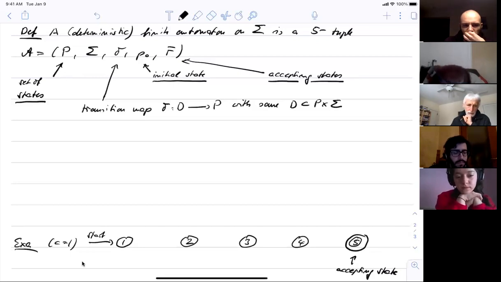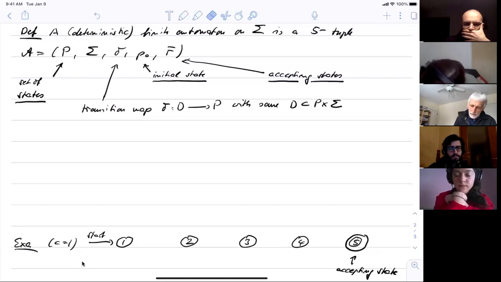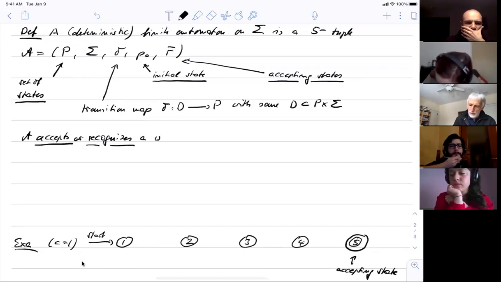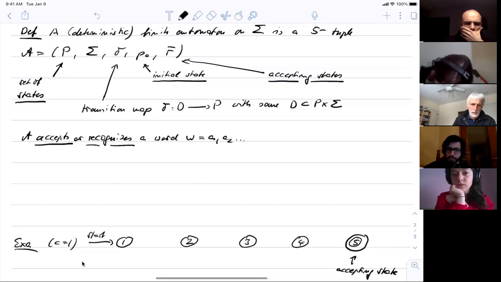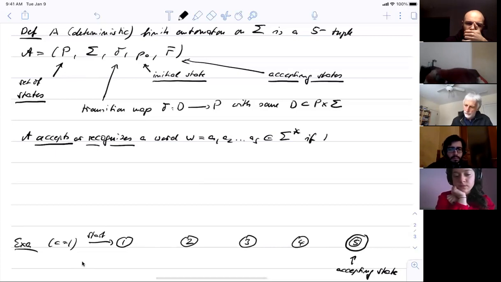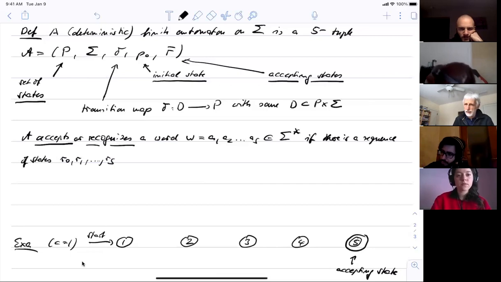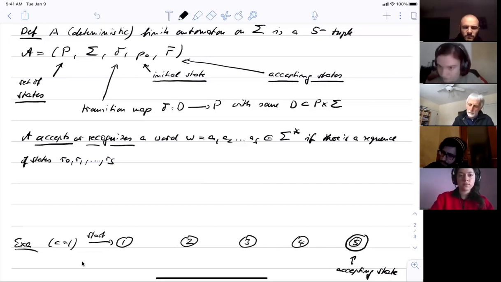Okay, now we want to connect this to languages. Before I complete this, let me say that this automaton accepts or recognizes a word W, and let's denote its letters by A1 up to, say, AS, a word in the alphabet sigma, if there is a sequence of states R0, R1 up to RS with the following properties.